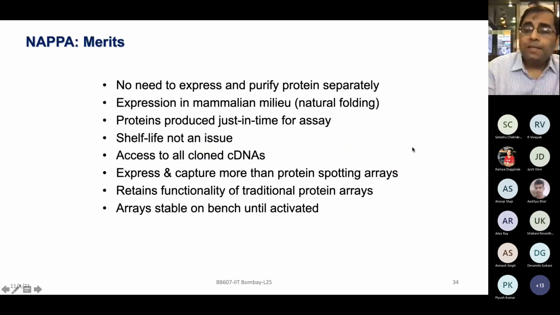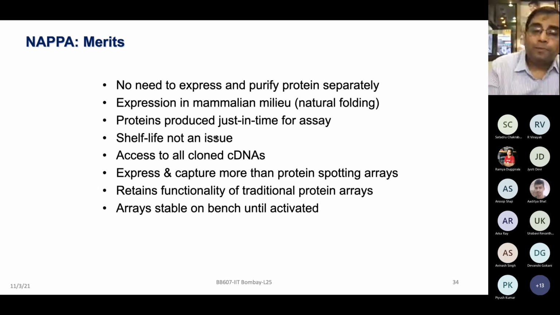The major advantages we can see with this approach, and why it led to the Science paper, was essentially that there was no need to express and purify the protein separately. You are providing the IVT mix, which is helping the natural folding of the protein to happen. You are printing the arrays, storing them, and whenever you want to do the experiments, biomarker based or interaction based, you can just add the IVT mix at the time of the experiment, and therefore you don't have to store the purified proteins.